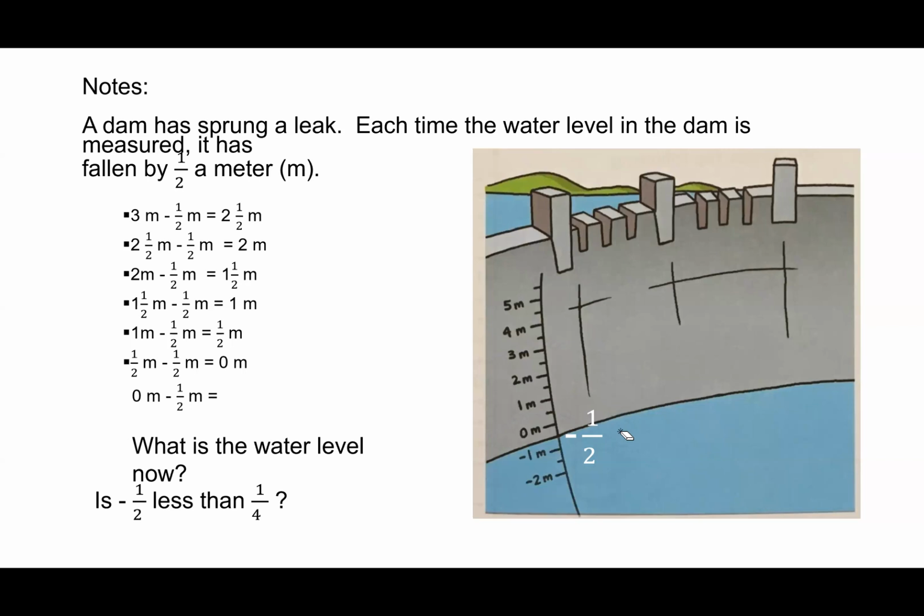Agreed. But let's think about sea level. Sea level would be 0, right? And if we were to go 1 meter below sea level, that would be negative 1. Does that make a little bit of sense?